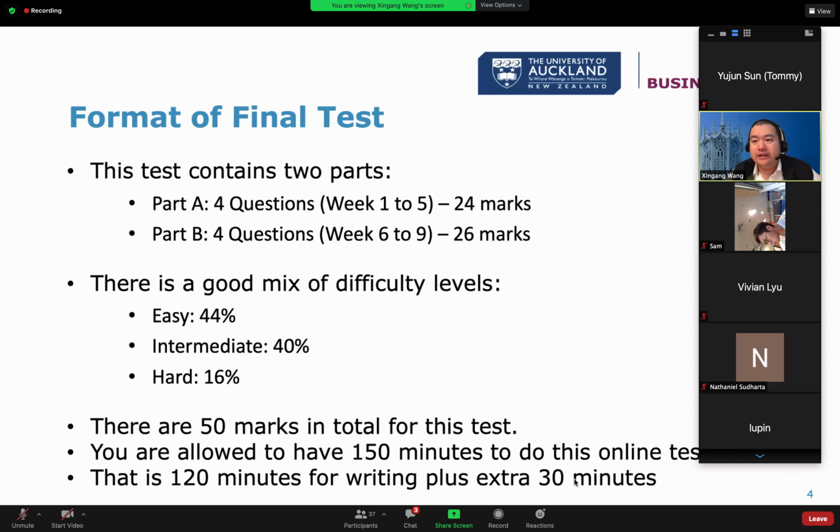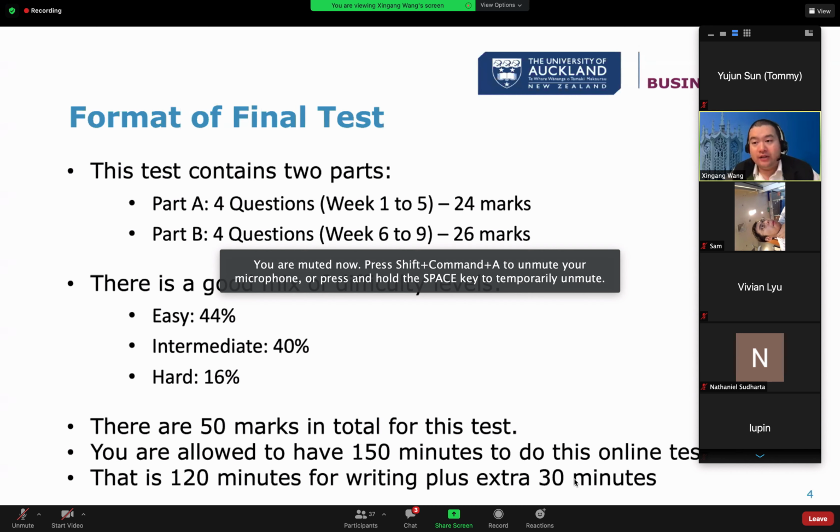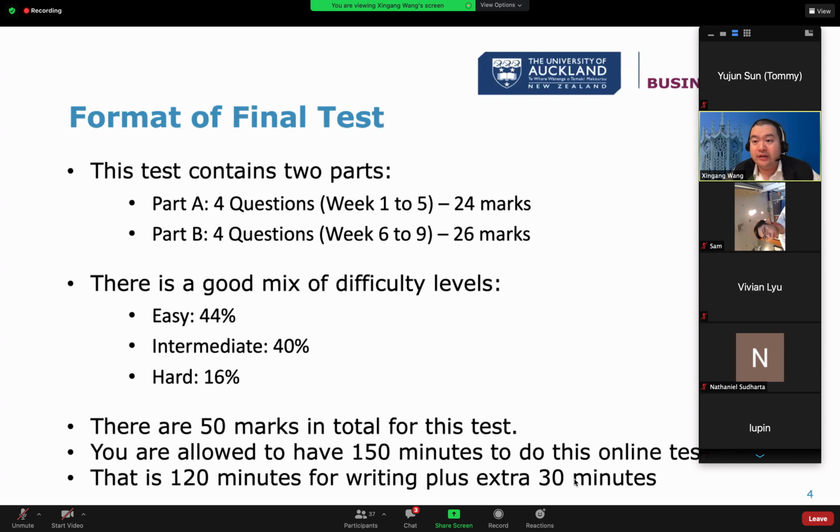I have posted the academic integrity information on Canvas under the section for the final test. I need everyone to read it before the final test, so you will know the obligations you have to follow. This part is not really interesting, but I have to address it.